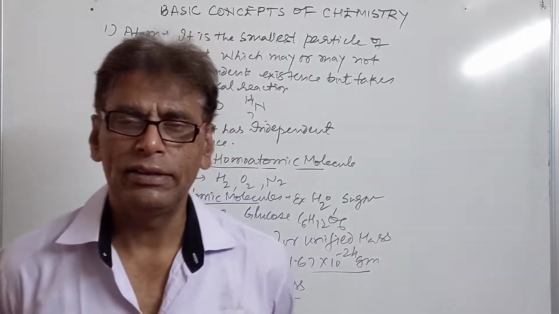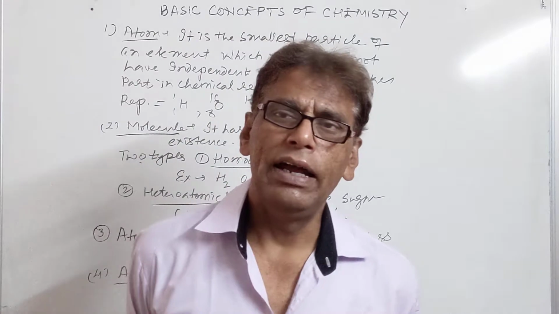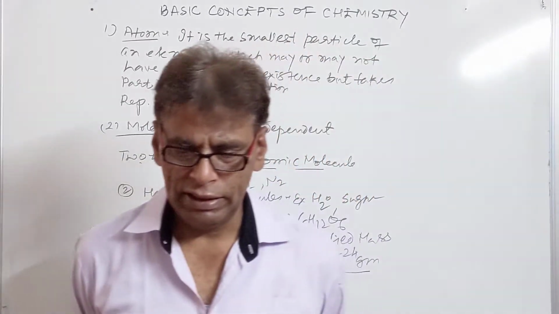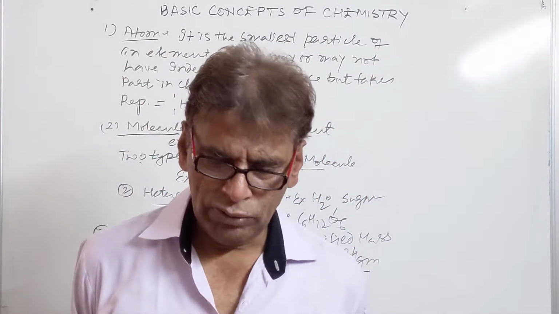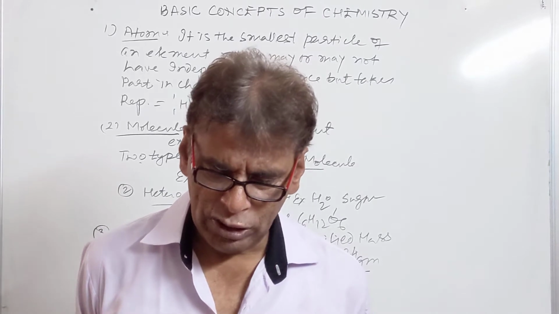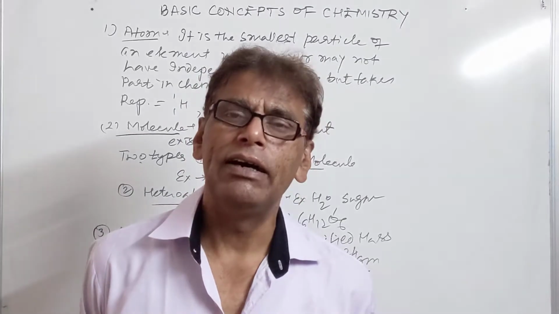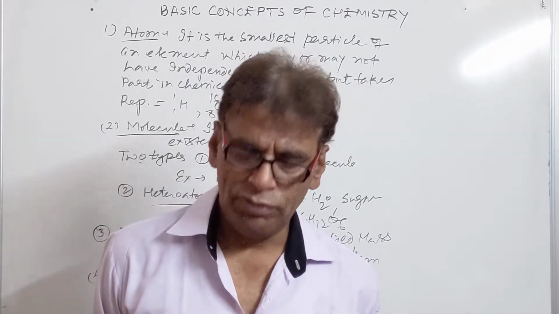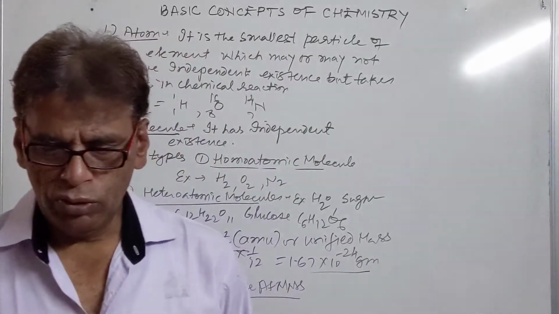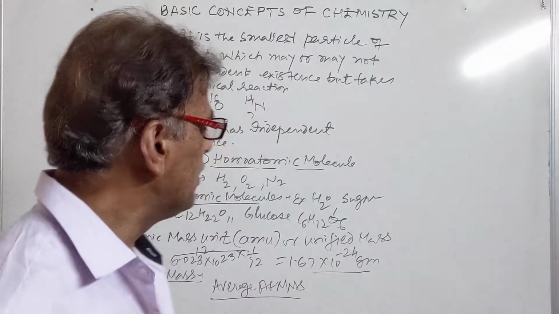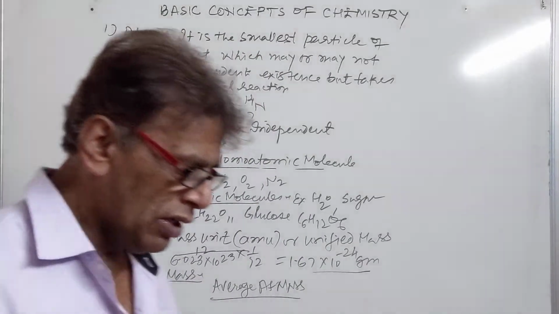One is Cl-35 and another is Cl-37. When the average of these is taken, they are in the ratio of 3:1. When we take the average of these, it comes out to be 35.5. So 35.5 is the average atomic mass of chlorine.